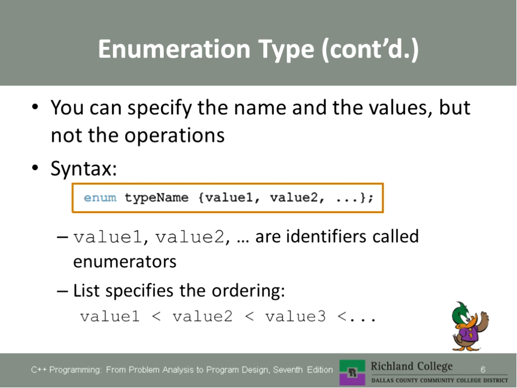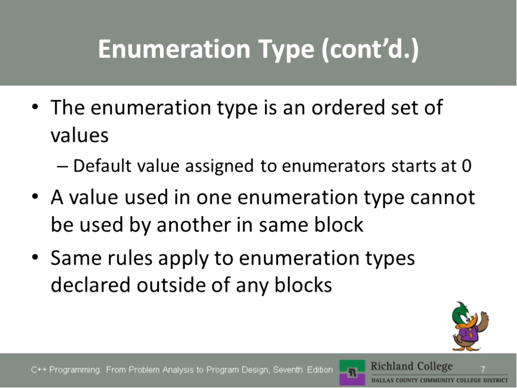So we need to use the keyword enum for the enumeration type, and then give it a name. Give it any kind of name, again following the identifier naming standard, and then we need to list the enumerators. So the enumeration type is an ordered set of values.